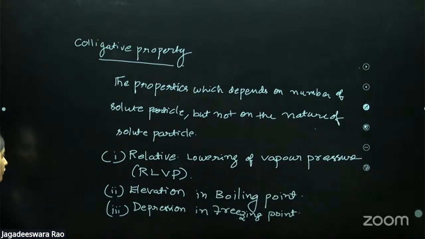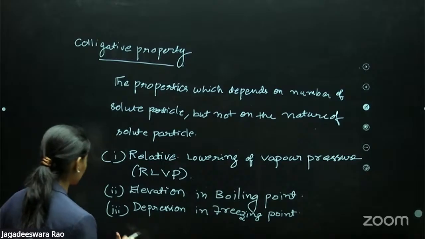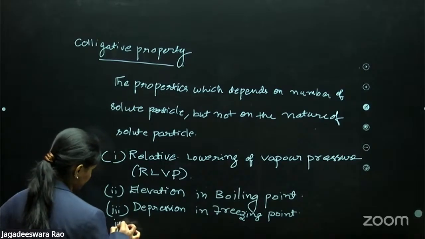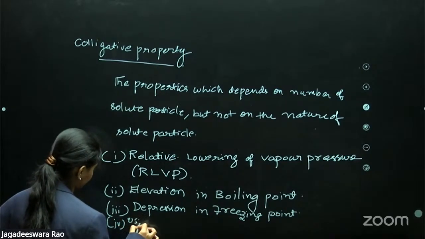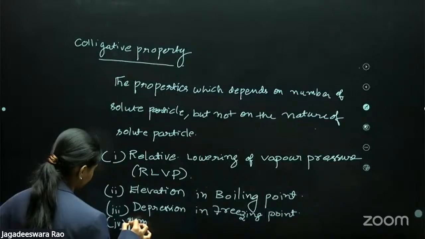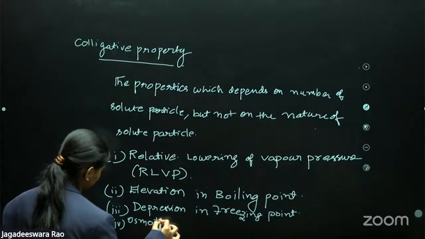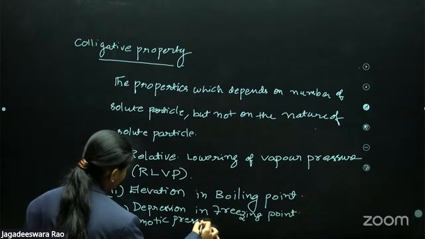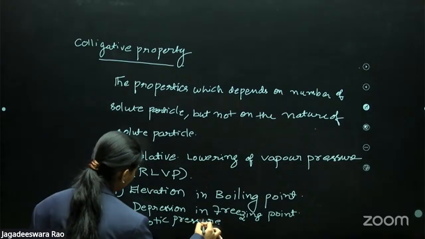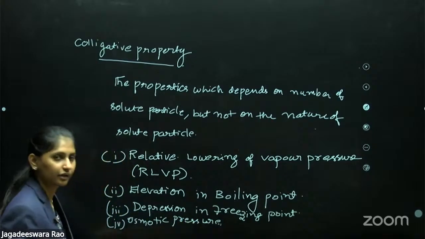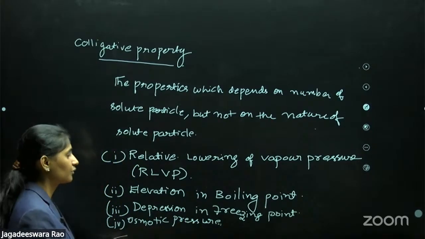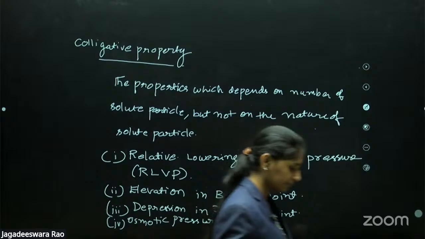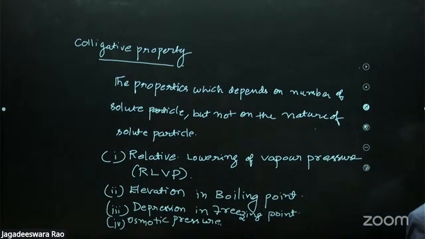And then the fourth one is osmotic pressure. These are the 4 colligative properties you have to remember for any competitive exams or for the board exams also. Fine. 4 colligative properties.